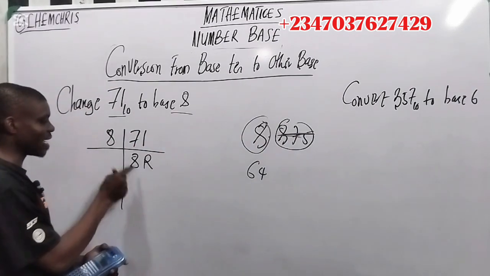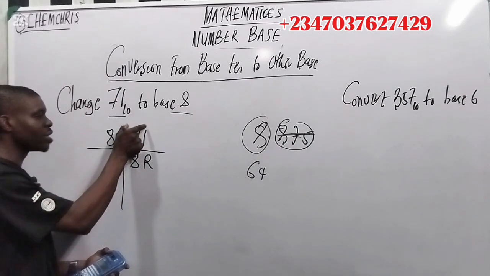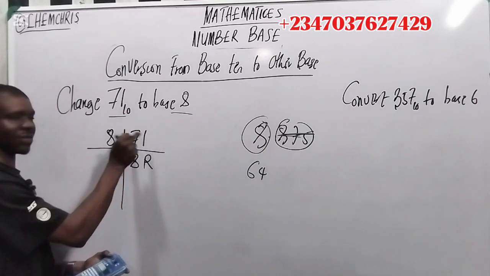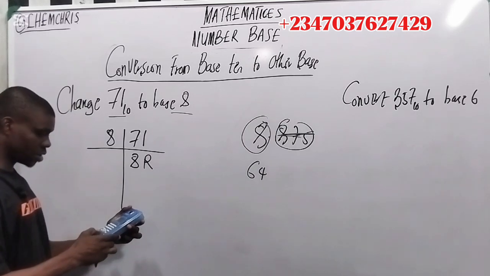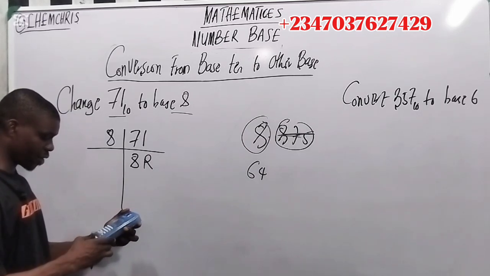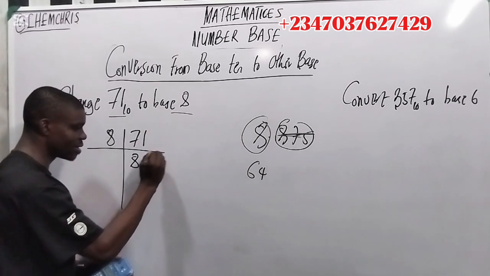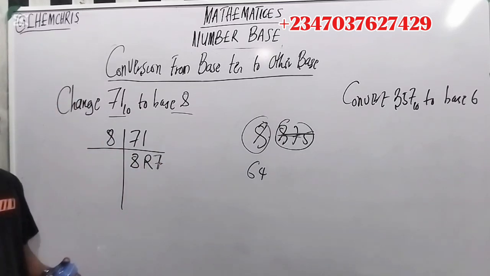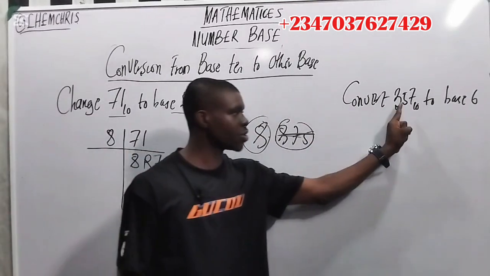How many do we add to this 64 to get 71? 71 minus 64, you have 7. So 8 remainder 7. That is it. So if you have a number like this, please pay attention.